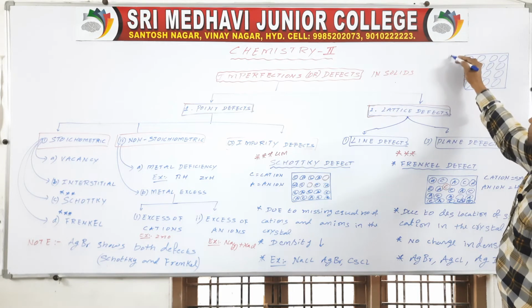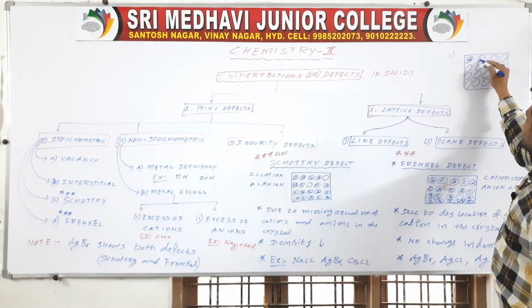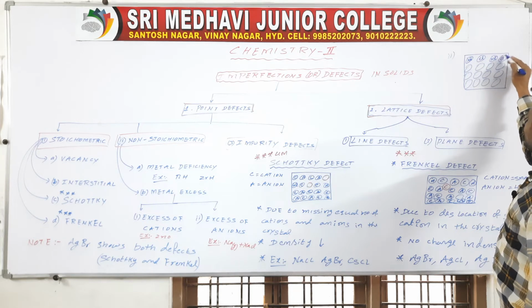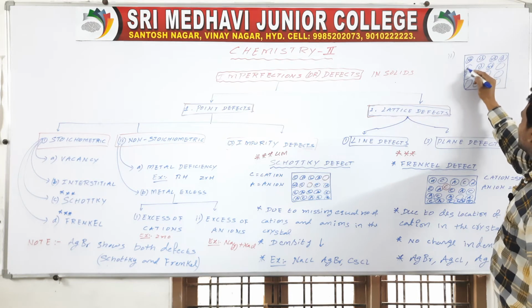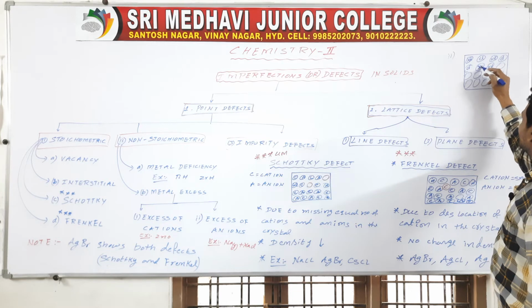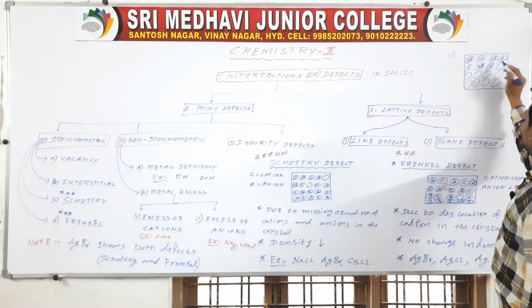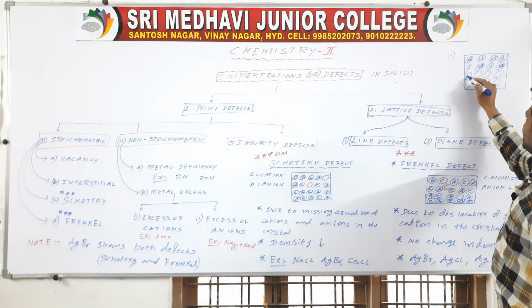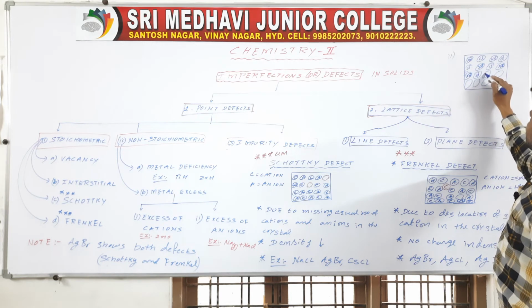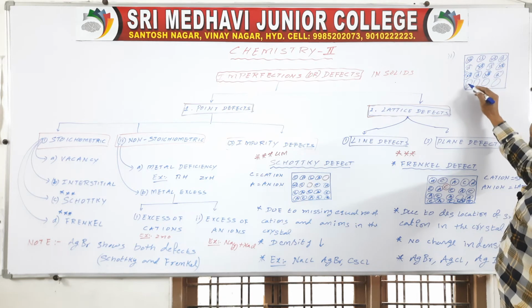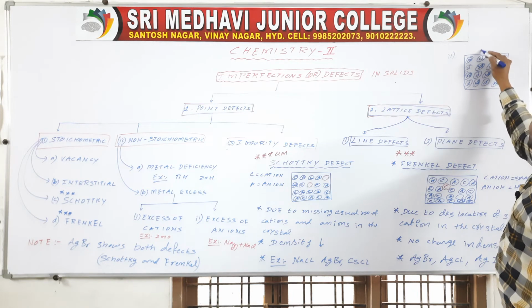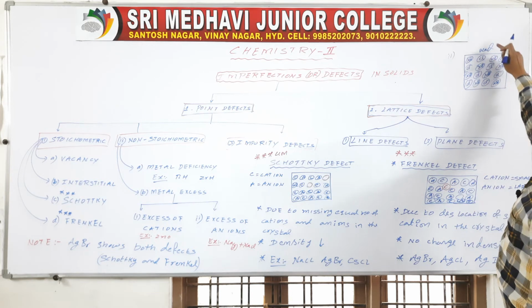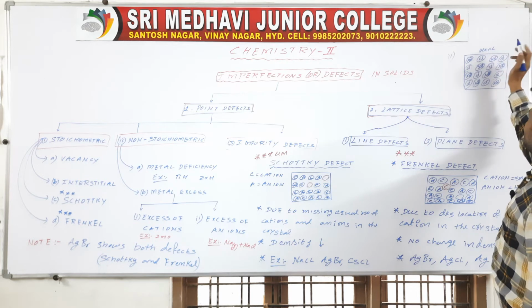Here is the metal deficiency defect, the second one. See, it is Na+ Cl-, Na+ Cl-, arranged alternately in the NaCl crystal.